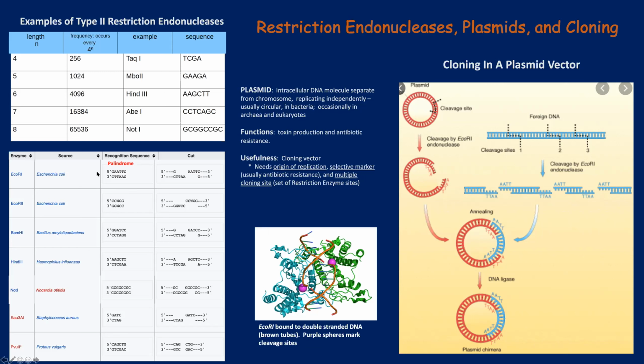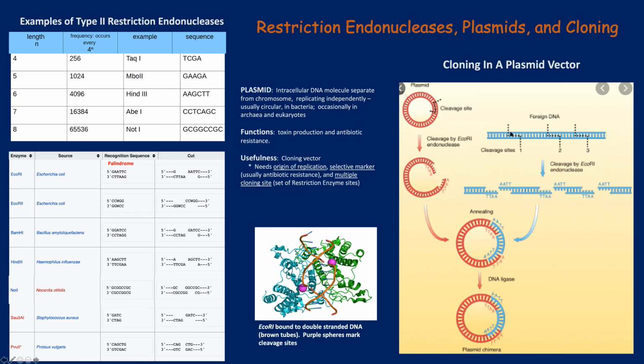If you look over here at EcoR1, after cutting the recognition site, the overhang is AATT on one strand, and TTAA on the other strand. So after the plasmid is cut, it has these so-called sticky ends, the overhangs, which are TTAA and AATT. Now the DNA that you want to clone is called here foreign DNA.